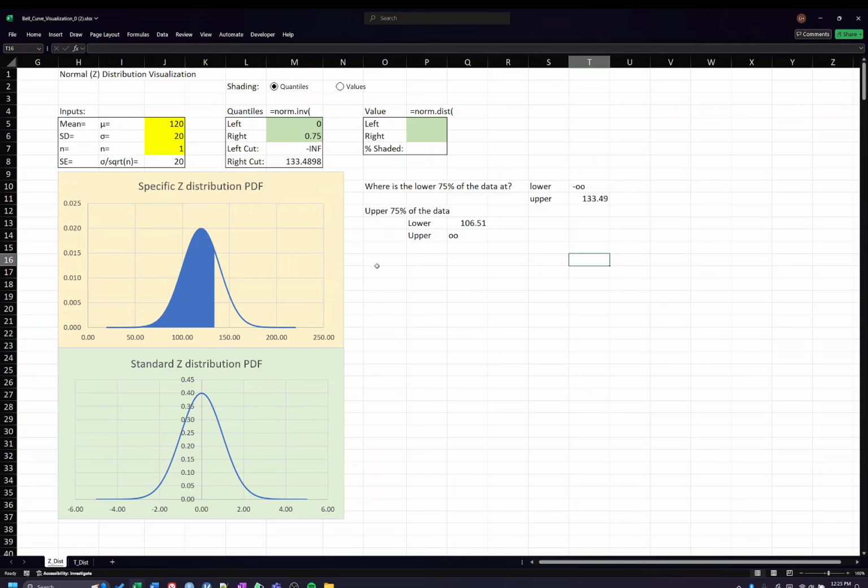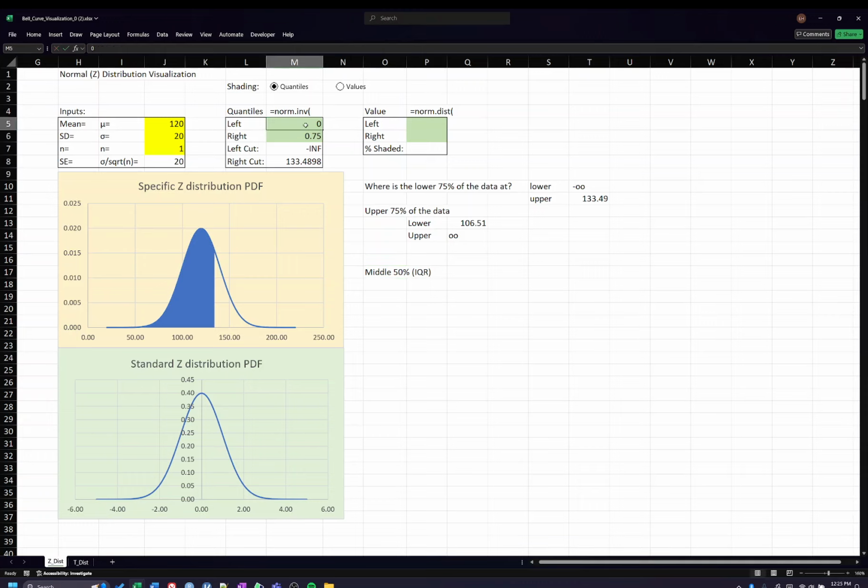Now, let's say we want to know between two points. We could also look at the middle 50%. So let's say I want to know where the middle 50% is. This would be our IQR, our middle 50% of the data. Well, we know that a normal distribution is symmetrical when we fold it across our midline.